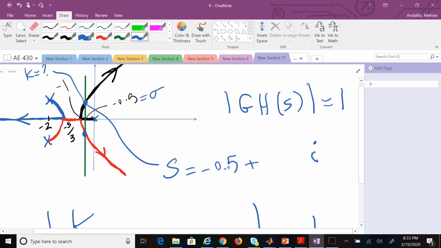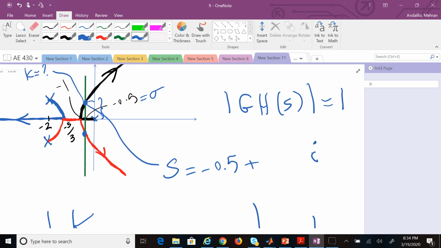What about the imaginary part? How big is this distance here from here to here? How much is that? Do you have any guess? What would you say? So if you have MATLAB, of course, you can just, I'll show you, click on that point and MATLAB will give you everything that you need.